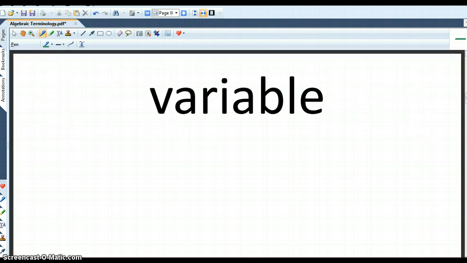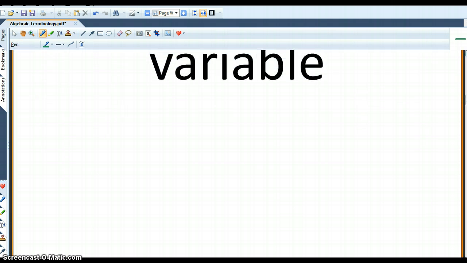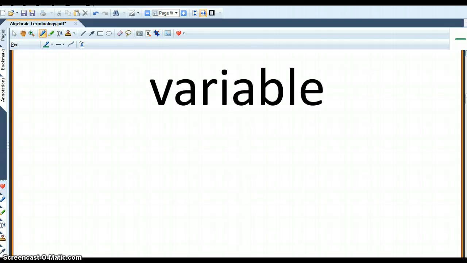Next one. Variable. What does variable mean? Well, we actually have a number that we don't know its value.